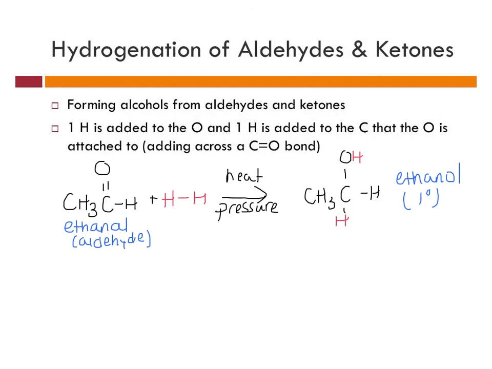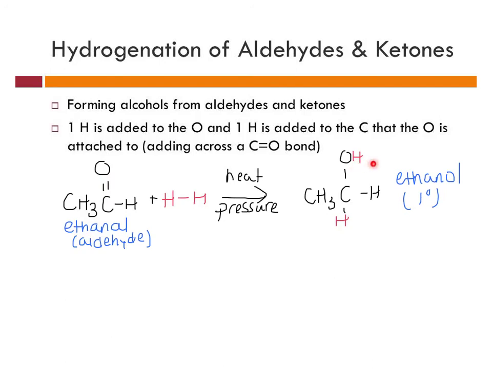So if we take ethanal, which is an example of an aldehyde, and add H2 with heat and pressure as catalysts, 1 H is going to add on to the oxygen, 1 of these H's is going to add on to the carbon, so we're going to lose this double bond because carbon can only be bonded to 4 things.